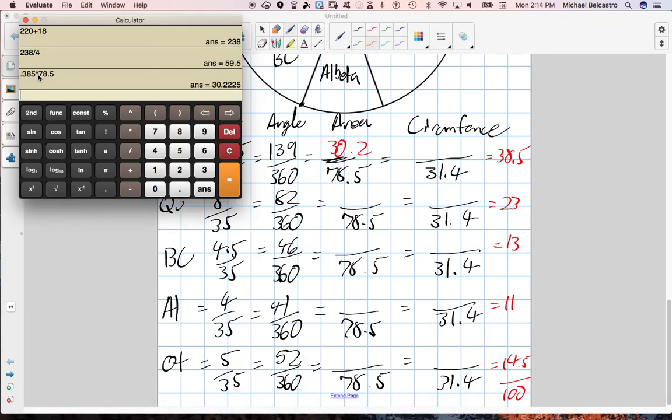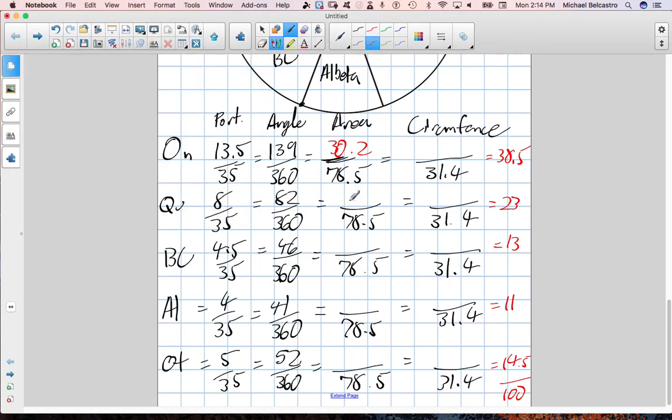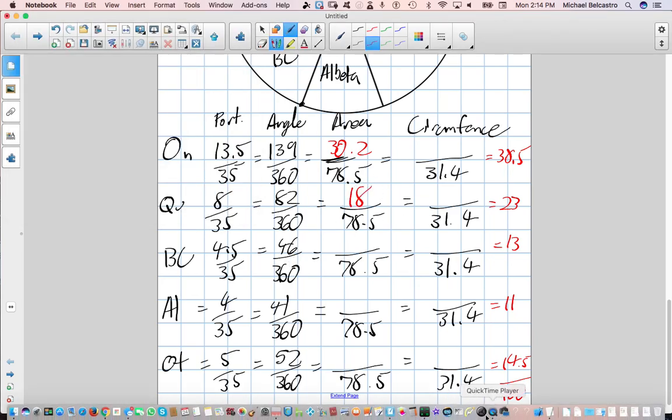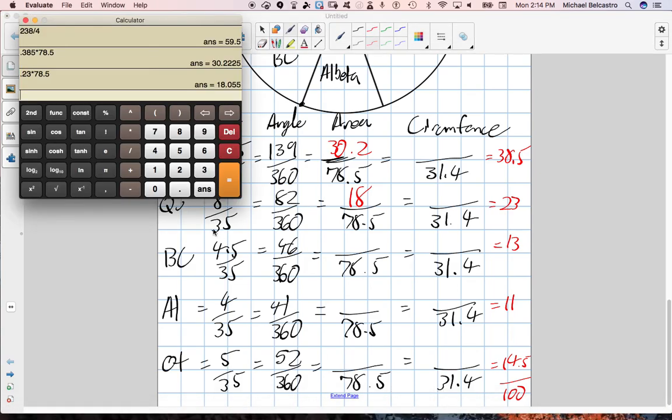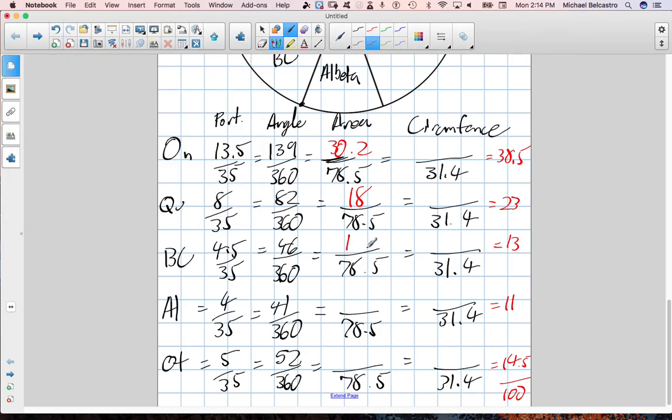Next one, I'm just going to change the percentage. 23, 18. This one is 13, 0.13 times 78.5. So 10.2, let's say.